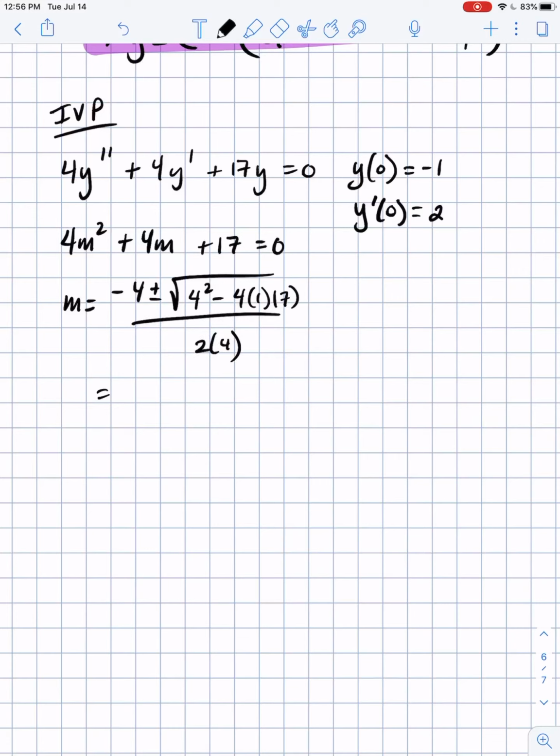So we get -4 plus or minus 16 minus 68 over 8, and here I get -4 plus or minus the square root of -52 over 8.